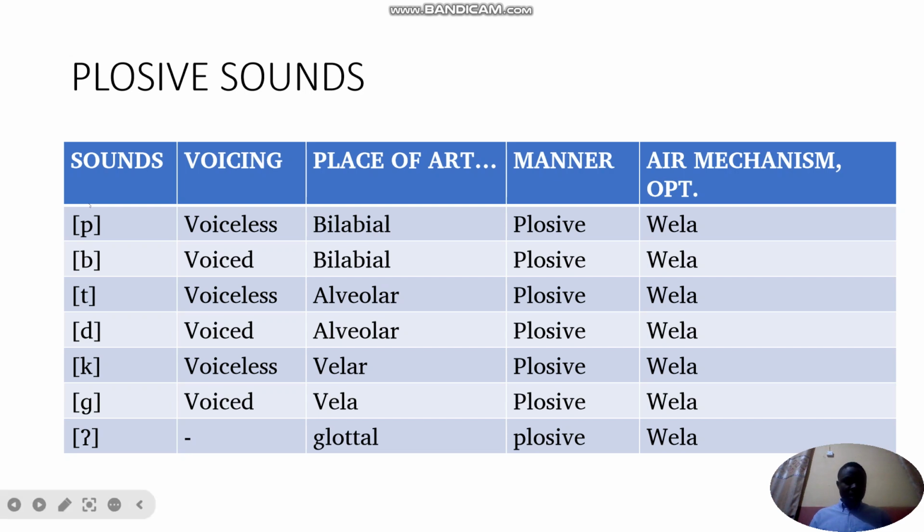P, A, Pa, B, A, Ba, T, A, Ta, D, A, Da, K, A, Ka, G, A, Ga, and of course the glottal plosive.